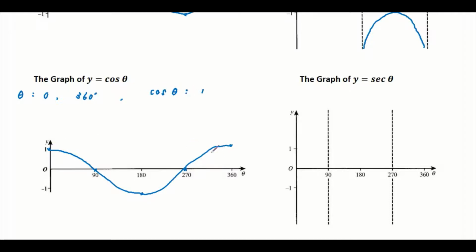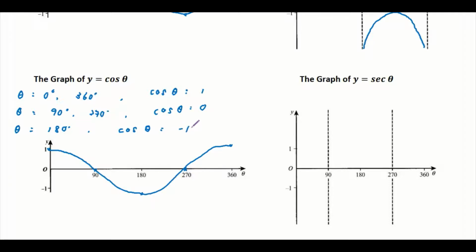At theta equals 90 and 270, cos theta equals 0. When theta equals 180, cos theta equals negative 1.